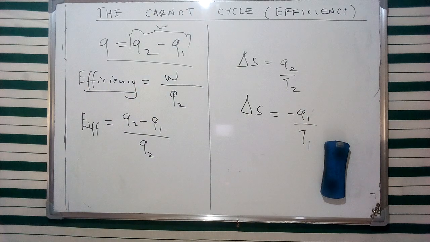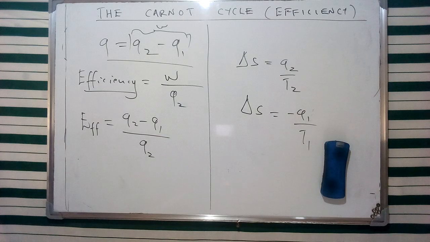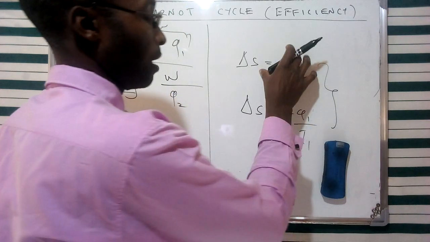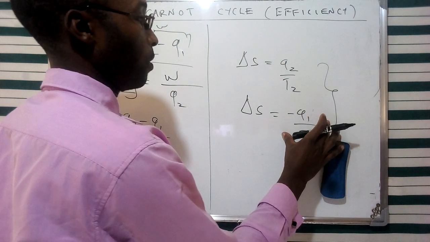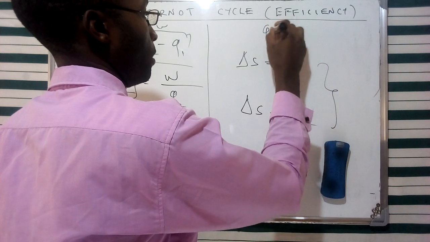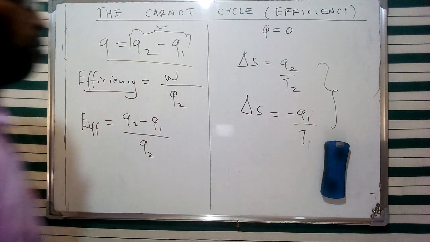So the total entropy of the system can be described using these two aspects of isothermal expansion and isothermal compression. Since for the adiabatic system we have said that Q is equivalent to 0, the ratio for adiabatic expansion and compression is going to be 0.